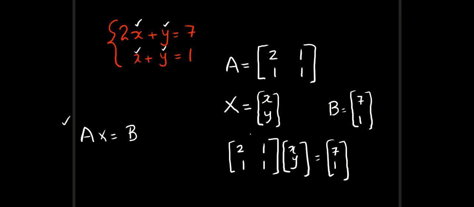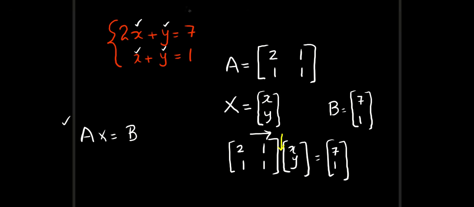I'm sure you have learned about matrix multiplication, so without any trouble, you'll be able to multiply these. So when you multiply, you get 2x plus y is equal to 7 because of equality of matrices. And the second row, x plus y is equal to 1.